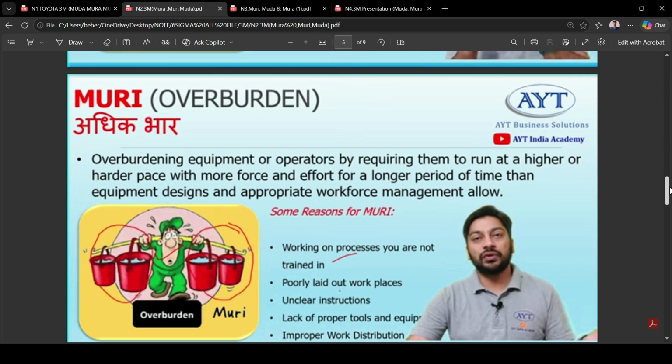Then another one is overburden. Overburden means Muri. What is Muri? It means overburdening equipment or operators by requiring them to run at a higher or harder pace, with more force and effort, for a longer period of time than the equipment design and appropriate workforce management allow.